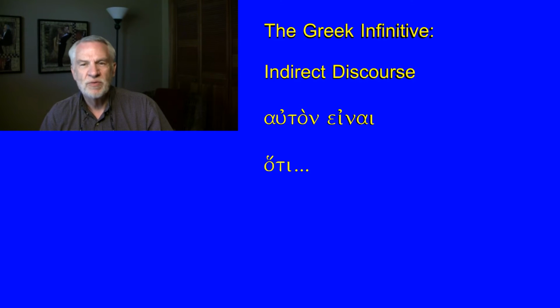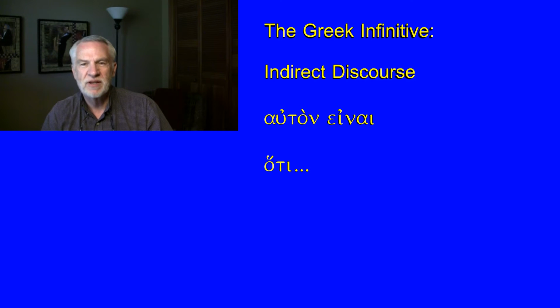If someone later reports that statement, they would say, he said that he would make a cake. And the use of the word would there is again reflecting that this is a future intention at the time that the statement was made. Well, in English, we use something like a subjunctive there. He said that he would make a cake. But in Greek, you actually report the statement in its original tense.